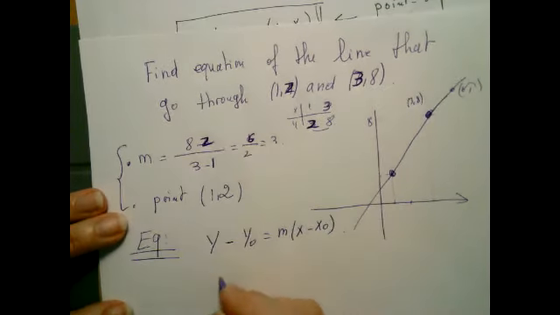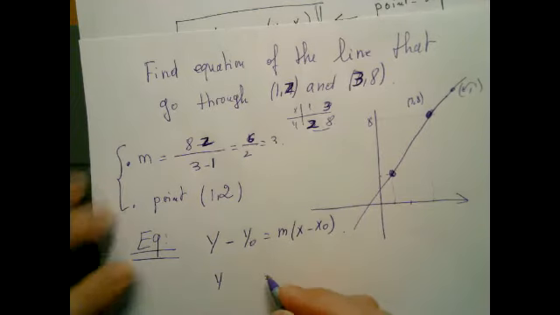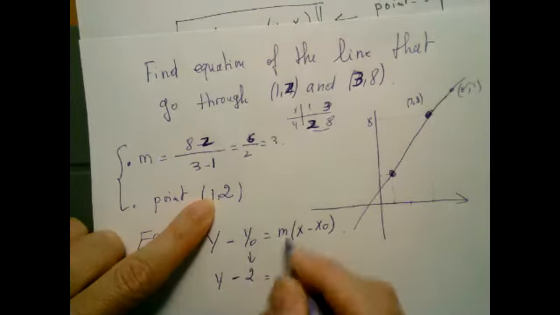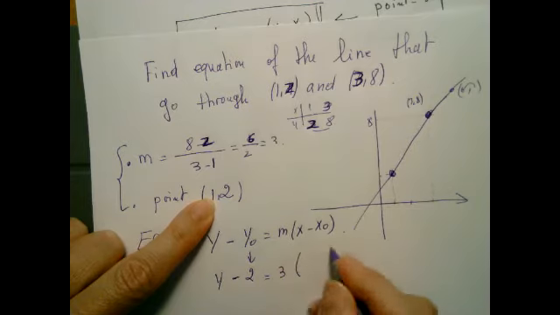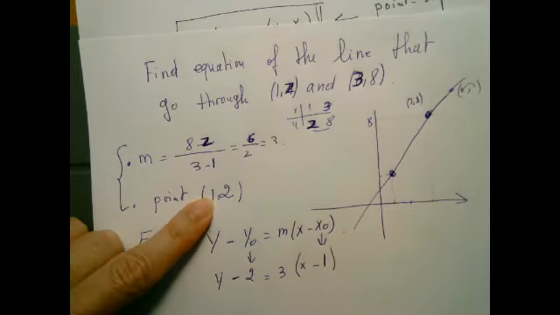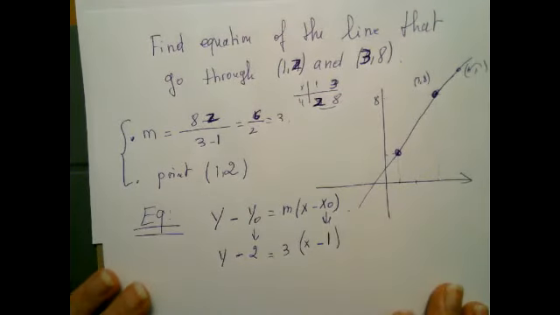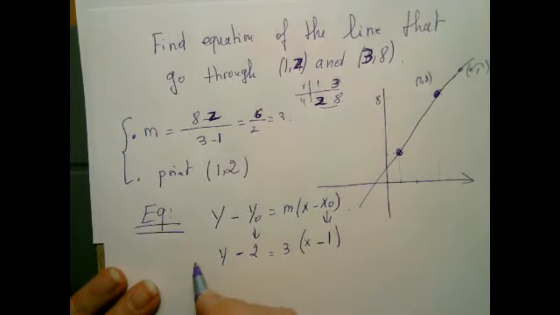My point is 1, 2, so this is 2. The slope is 3. x minus x0 is x minus 1. It's really very easy to use.